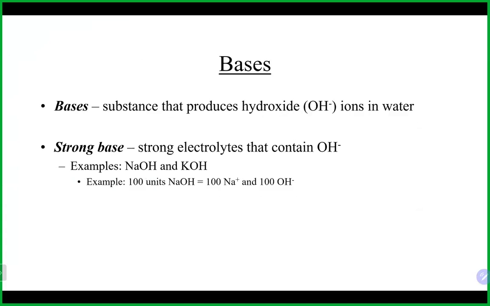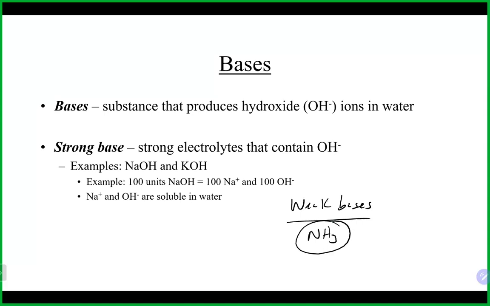Bases, as I mentioned, on the other hand, do contain hydroxide. Once again, a lot of our strong bases will have hydroxide in them and come from group 1 or group 2. And as I mentioned previously, a lot of our weak bases are ammonia and ammonia-based looking things, like CH3NH2, something like that.